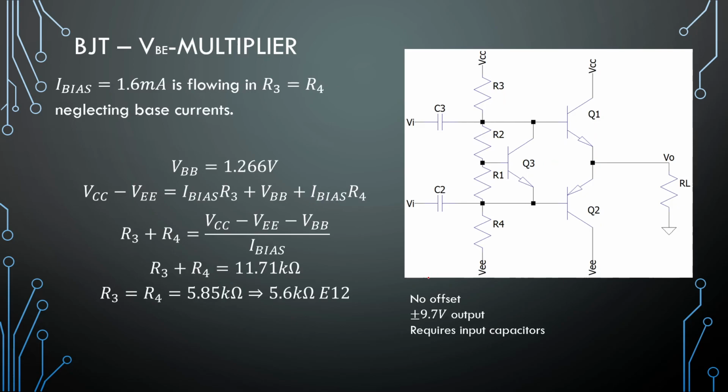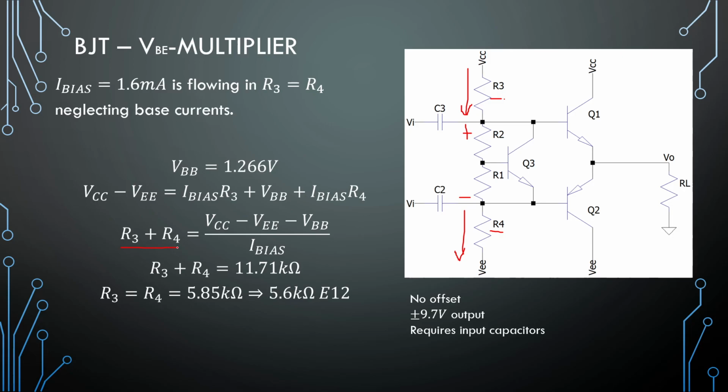So the first way to do the current source is to do the resistor. R3 equals R4. We have 1.6 milliamps flowing here, 1.6 milliamps flowing here. We know what our VBB voltage is, and we can calculate our two resistors using Kirchhoff's laws.